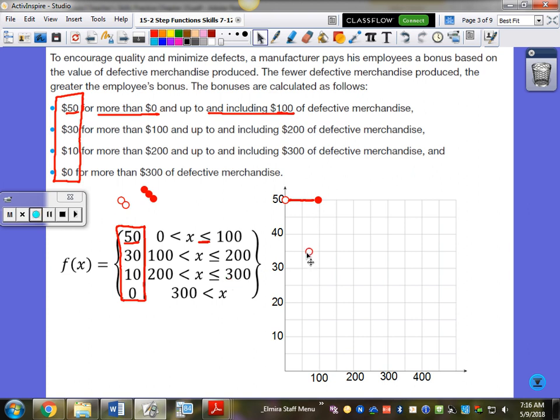And that's a $30 bonus. The next interval is $10 for more than 200 and up to and including 300. Whoa, what happened here? 10.